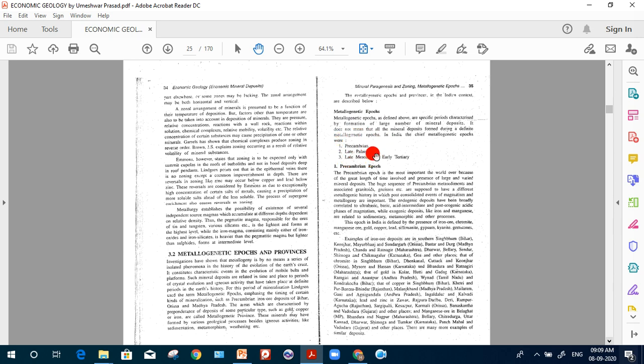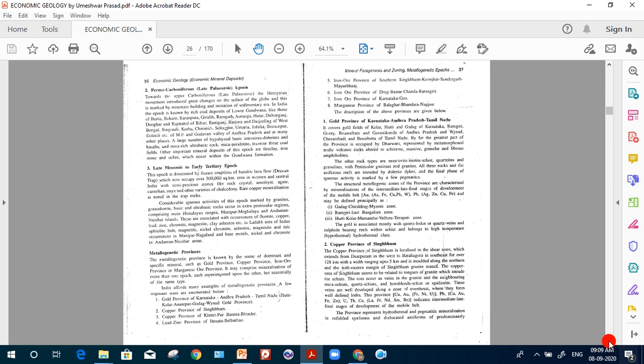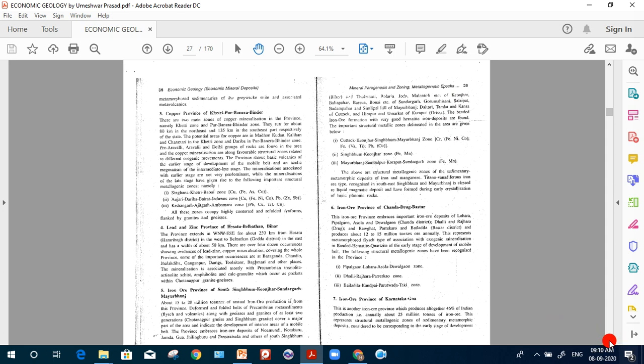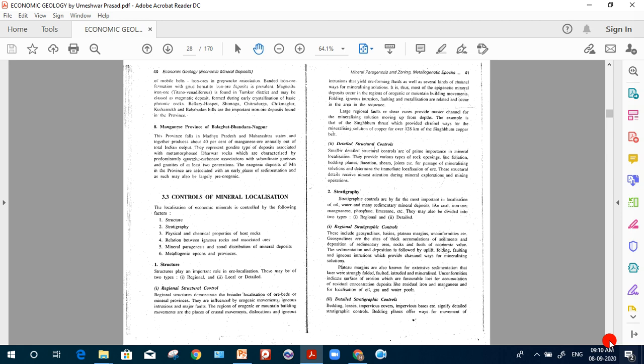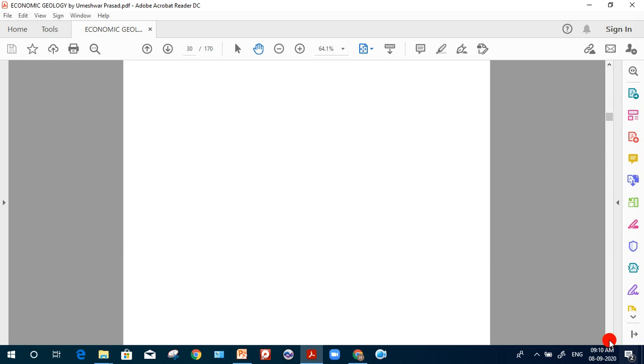How these are defined with respect to the geological time scale, I'll tell you about all that. And then major occurrences in India are written here, okay, which areas are specifically containing a definite mineral. So these are written here.